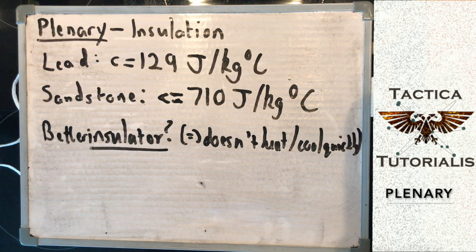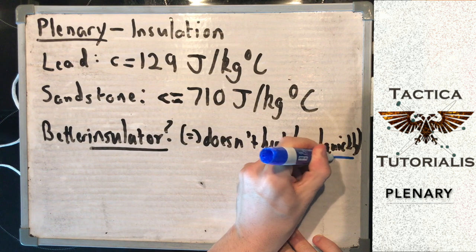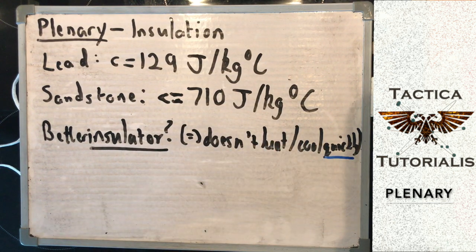So it all comes down to this: the rate at which something heats up or cools down. And that is intrinsically tied to the specific heat capacity of the material.